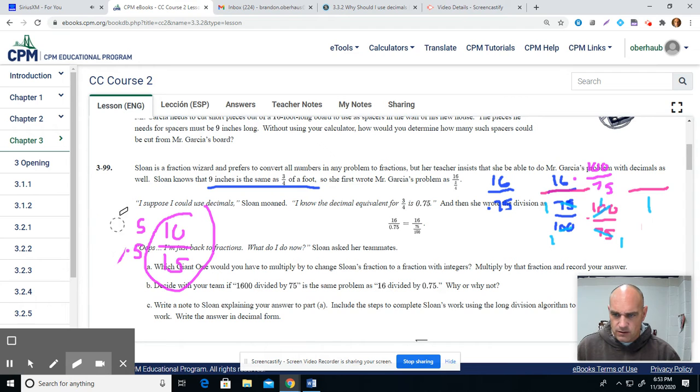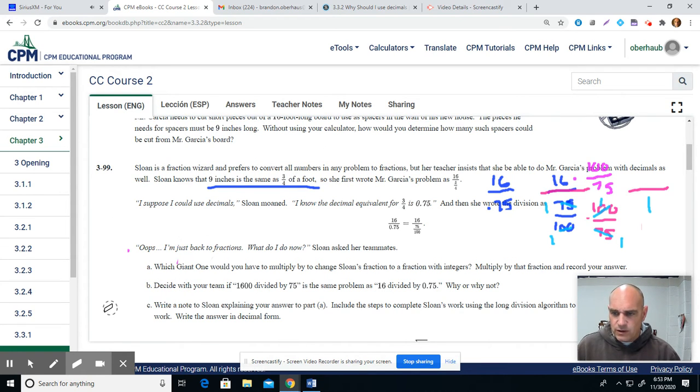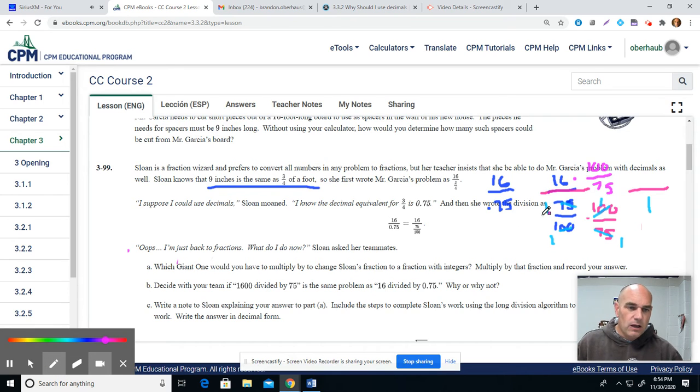All right, let's get rid of this. So now watch what happens here. When I do this multiplication, 16 times 100 over 75, it may look ugly, but actually the math isn't that bad on this because look what happens here.